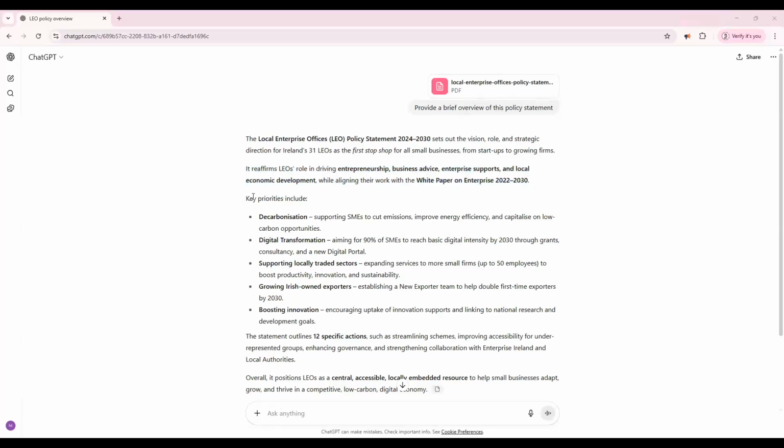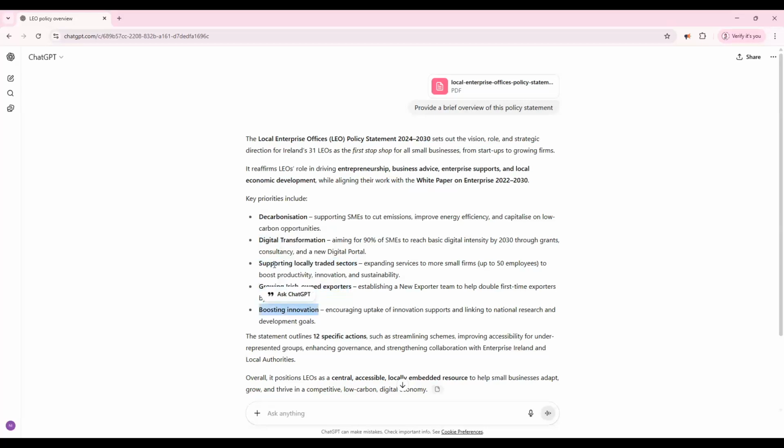So it also outlines the key priorities, and these key priorities are in relation to decarbonisation, digital transformation, supporting locally traded sectors, growing Irish-owned exporters, and boosting innovation.